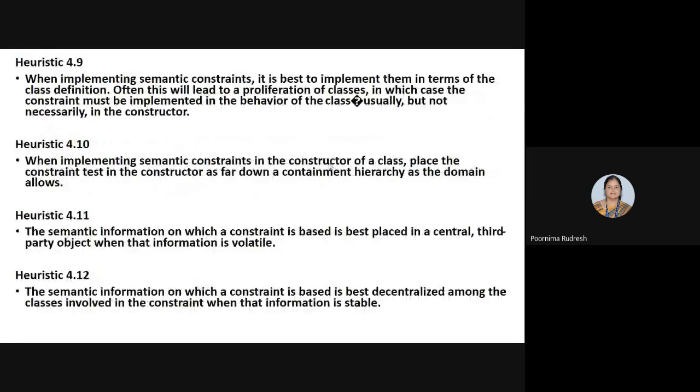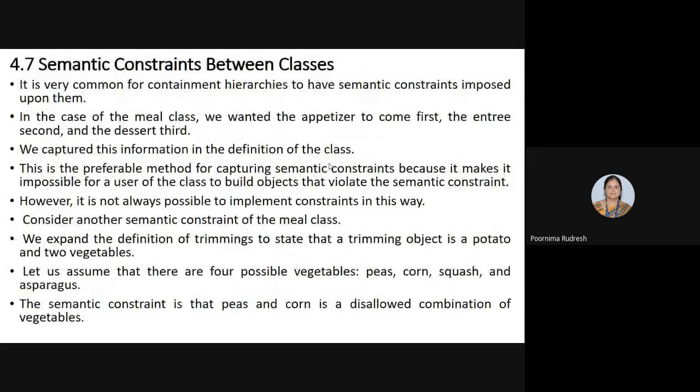And here what we want is, just a minute. We want the appetizer first, then the entry next, and we want the dessert at the last. If this is our requirement, then how can the information be captured? Here we are capturing the information in the definition of the class.